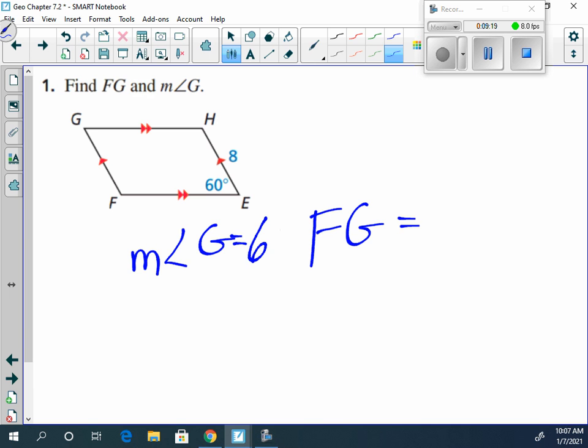Angle E, which is 60, so it means angle G has to be 60 degrees. Now we also want to know the length of FG, this line right here. The opposite sides are congruent. So what would FG be? 8. And that's it.